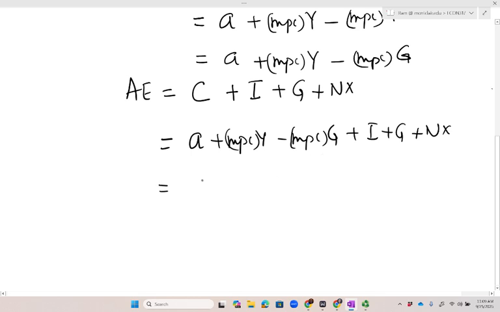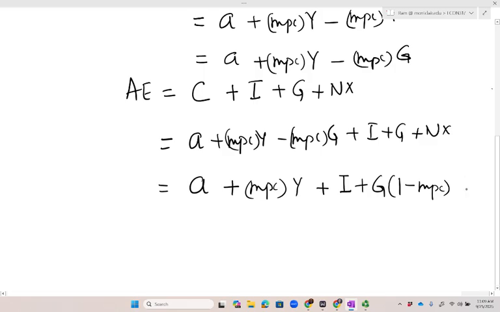Maybe I can collect terms involving government expenditure. I got two of them. So I will write it as A plus MPC times Y. I will write private investment first, and then I have G minus MPC times G. So we can see I can factor out G from both these terms. I get 1 from here minus MPC from here, and then we have the net export. That's our aggregate expenditure.